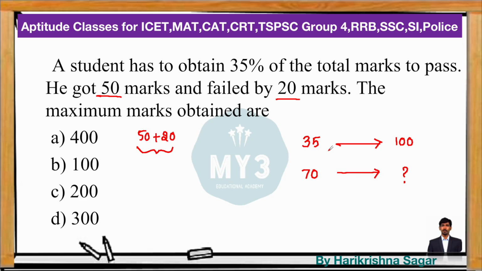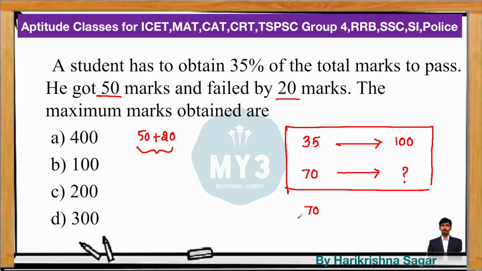This is the question. You can apply the basic unitary method to arrive at your answer choice. So we can easily solve 70 divided by 35 into 100. 35 ones are 35, 35 twos are 70, 2 into 100 gives 200. That is the maximum score the student needs to secure. Mark the answer option C. Hope you understand.